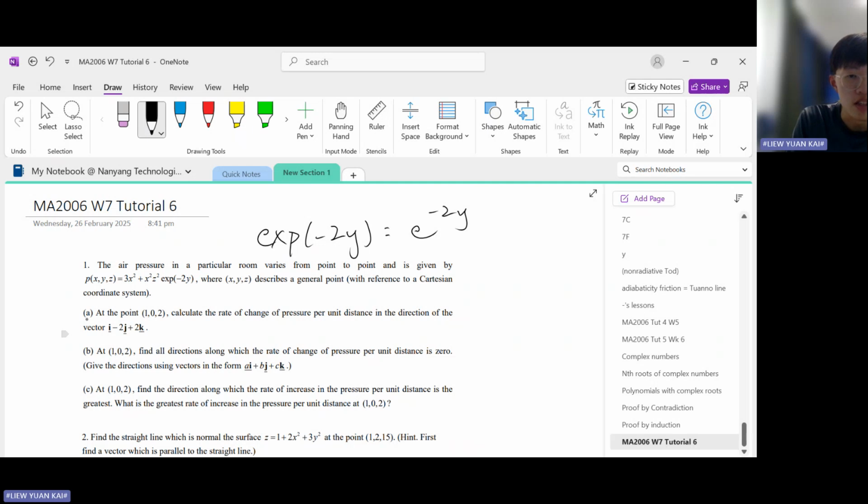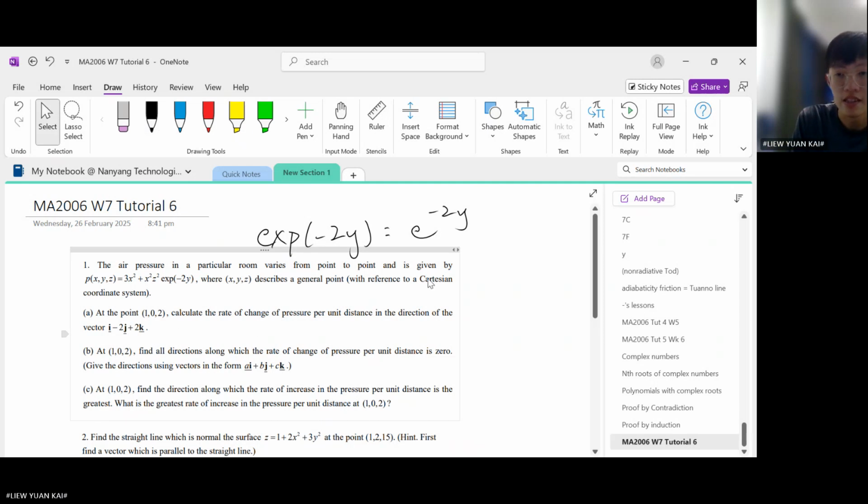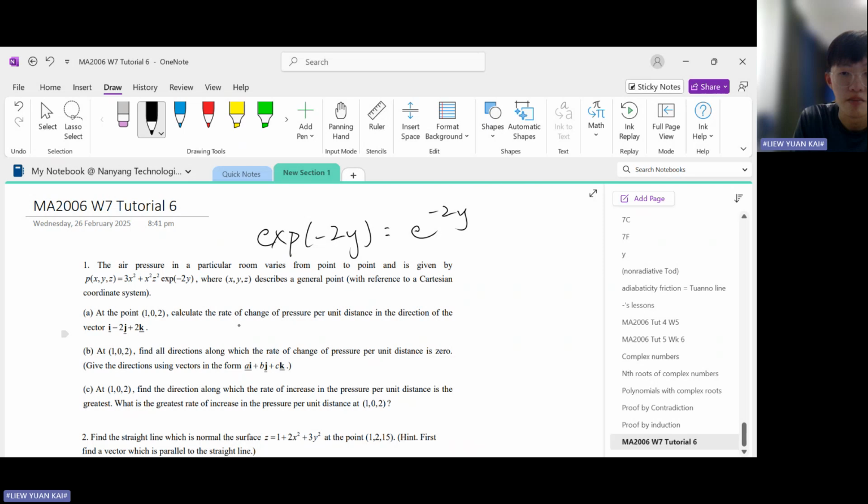Okay, so question A. At the point 102, calculate the rate of change of pressure per unit distance in the direction of this vector. So in single variable calculus, rate of change per unit distance is given by d/dx of the function, right?